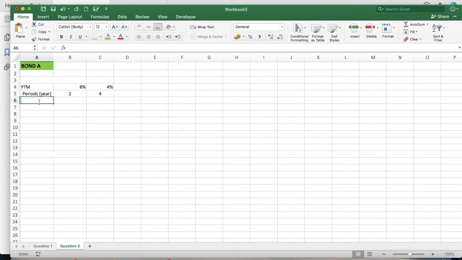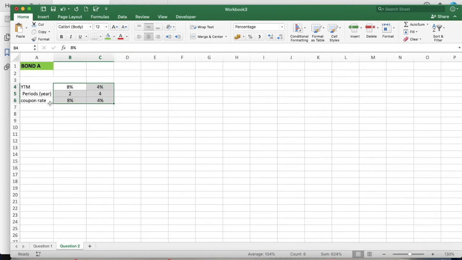Also, we have a coupon rate of 8% that can be converted to 4% on a semi-annual basis.